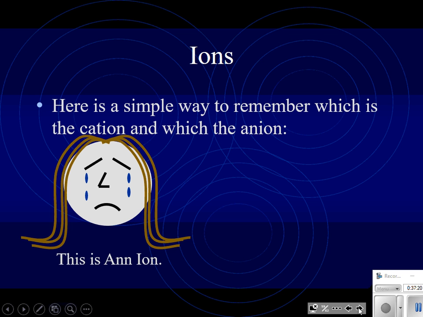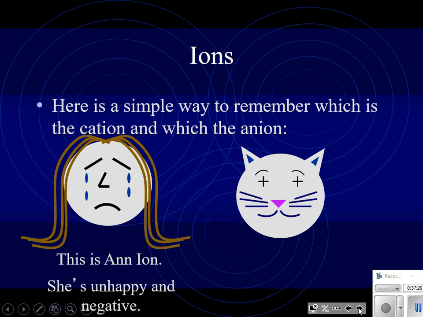She's unhappy and negative. Look at this guy. He's a fat cat. Look at those eyes. Those eyes, they're plusy. Okay, so he is a plusy cat. Our cation is a plusy cat. So he is a cation. So cations are pretty positive.